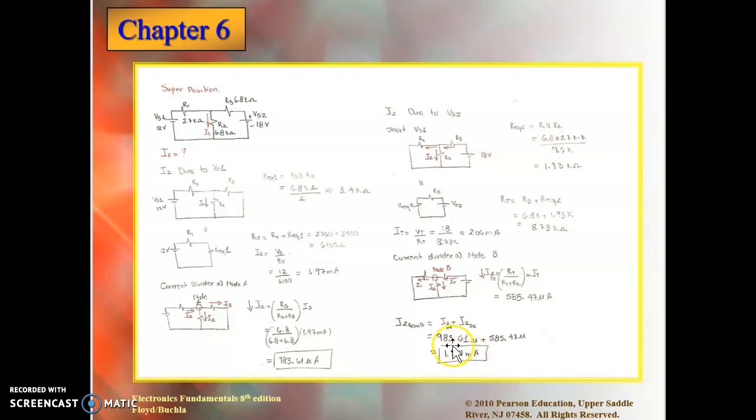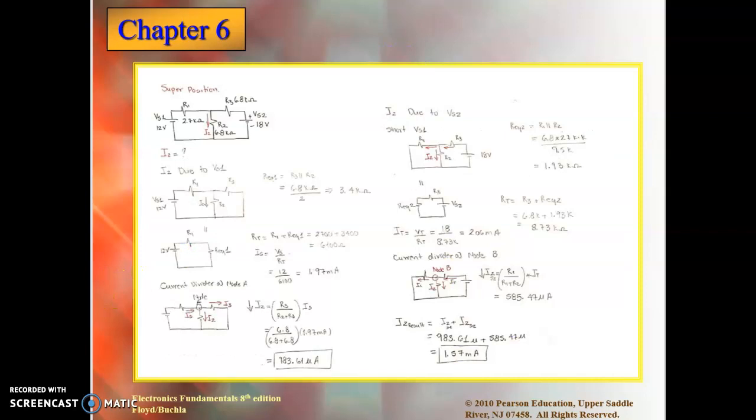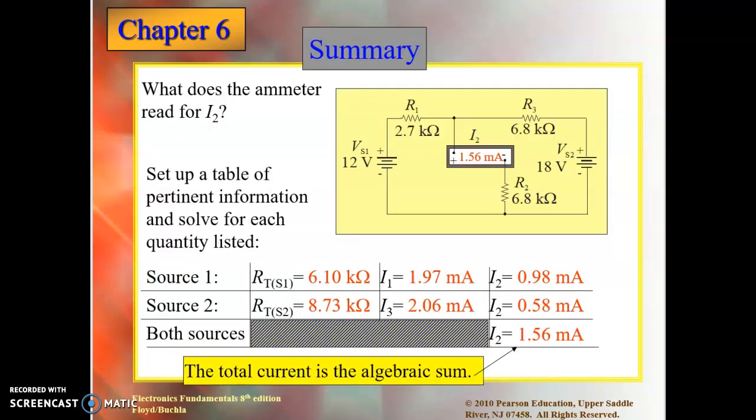And I guess that makes sense. Why does this make sense? Because the two voltages are on the same polarity, so yes, they should add up, and the result is 1.57. Let's see what they get here. They didn't give us an answer, so I'm pretty sure that's right. Okay, so let's move on.